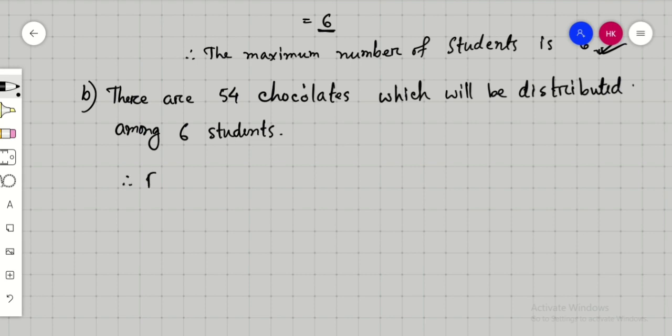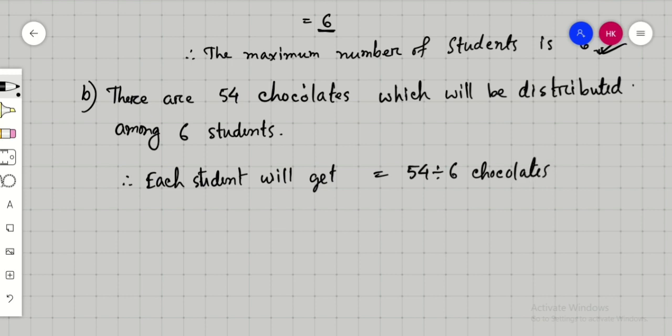Therefore, each student will get 54 divided by 6 chocolates, equal to 9 chocolates.